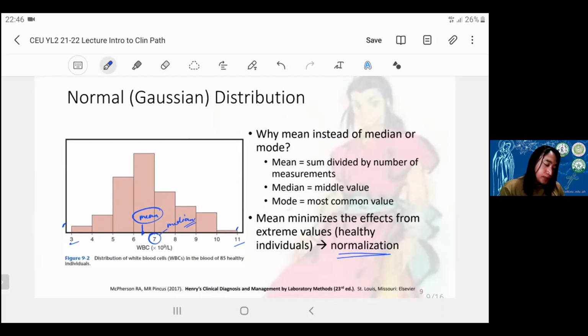And then mode would be the most common value. And here, most likely the mean is equivalent to your mode, because the most common values run between 6 and 7. So most likely the mean is equivalent to mode in this case.